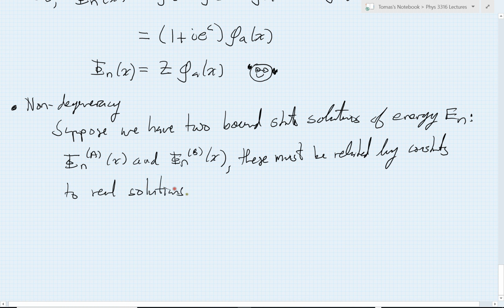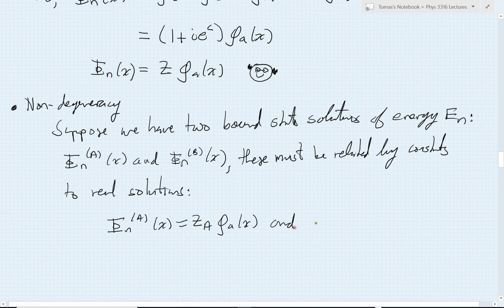So we could, for example, identify phi n A of x as some complex number, I'll call it ZA, potentially complex, hopefully it's not complex, times a nice real solution, phi A of x.